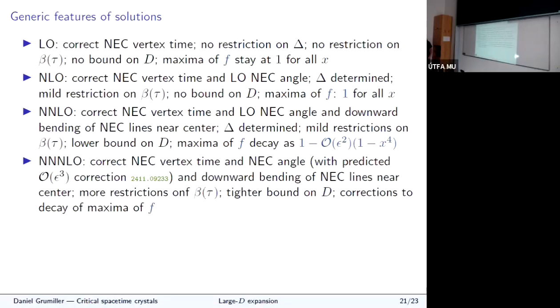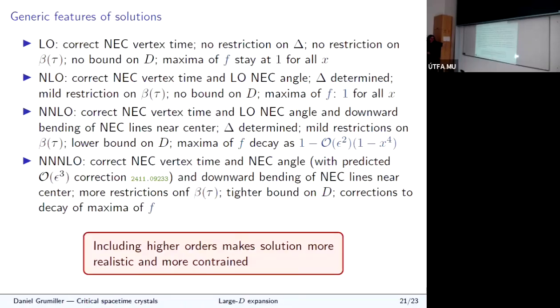And if you go to next leading order, which was the farthest we got, then you get not just the correct neck vertex time and neck angle, you also get the predicted order epsilon cubed corrections that were calculated 1.5 years ago. You get a better approximation to the downward bending of the necklines near the center, more restrictions on beta, a tighter bound on the dimension, and corrections for this decay of the maximum of f.